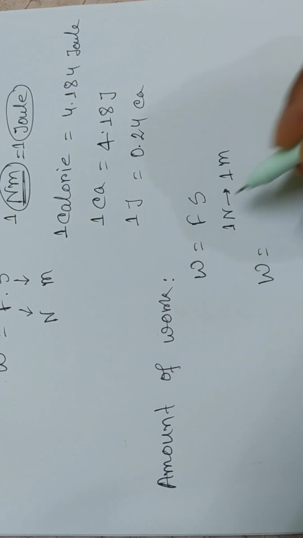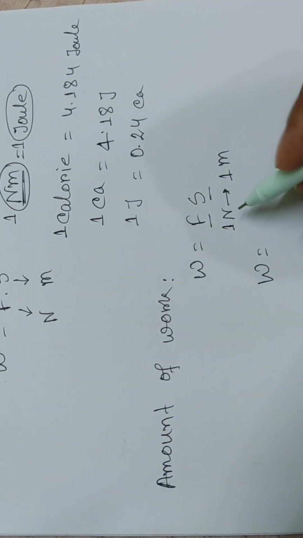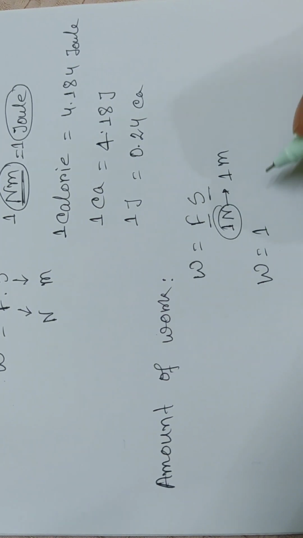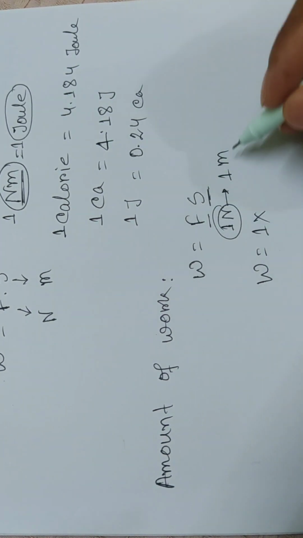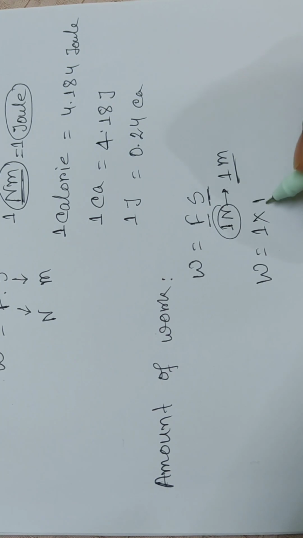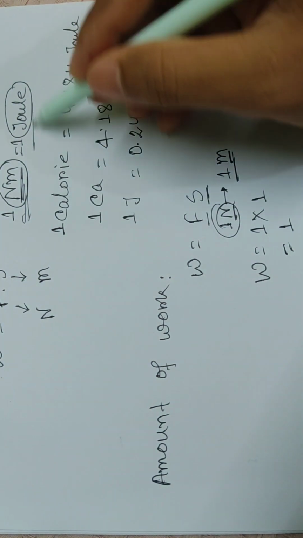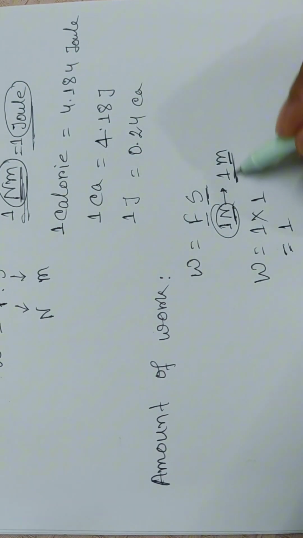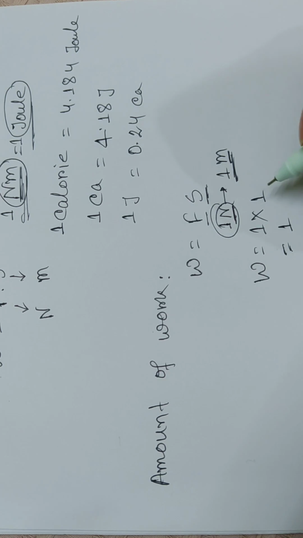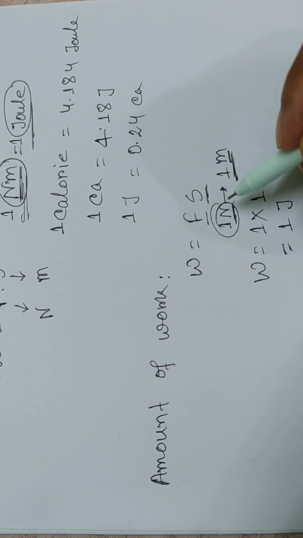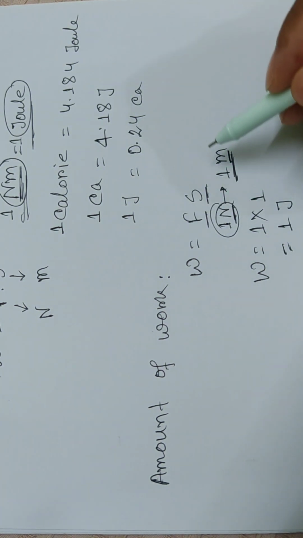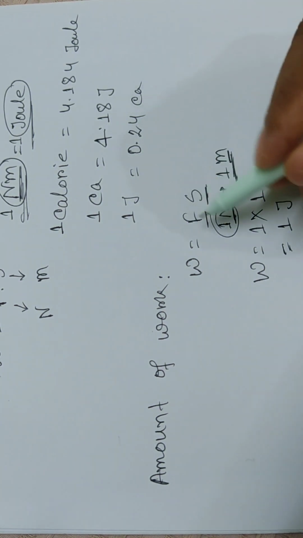Because work is the product of force and displacement, here force is 1 Newton and displacement is 1 meter, so 1 multiplied by 1 is equal to 1. And we have learned that 1 Newton meter is equal to 1 joule. So to get work, we multiply the amount of force with the amount of displacement.